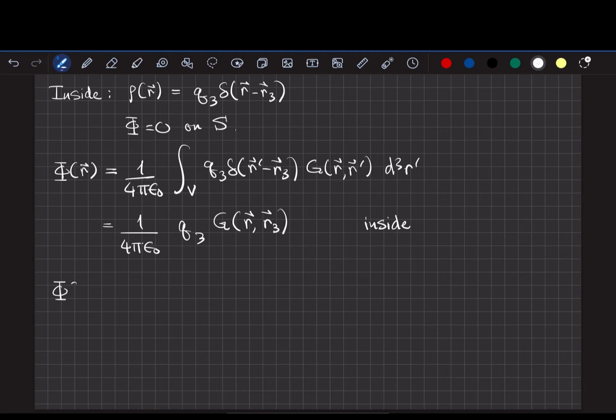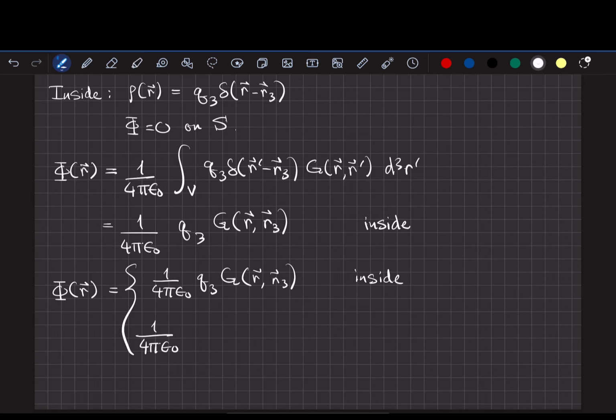Let us just summarize our solution. Inside the sphere, the potential is given by 1 by 4 pi epsilon naught q3 G(r, r3), and outside the sphere, the potential is given by q1 G(r, r1) plus q2 G(r, r2).